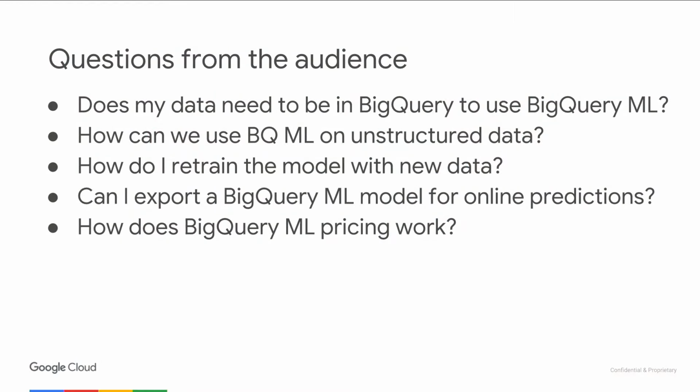Okay, on to the second question. How can we use BigQuery ML on unstructured data? It depends on what the unstructured data is. If you think about unstructured as short strings, say category of a user, we one-hot encode them and you can use them directly. If you start thinking of unstructured data as pages and paragraphs and phrases, in that case, that data needs to be converted to a number for BigQuery ML to use.